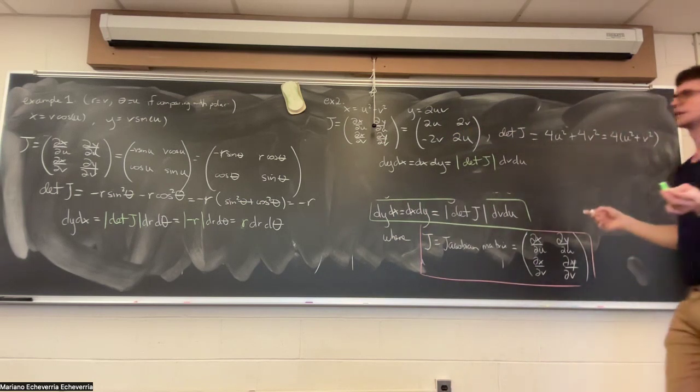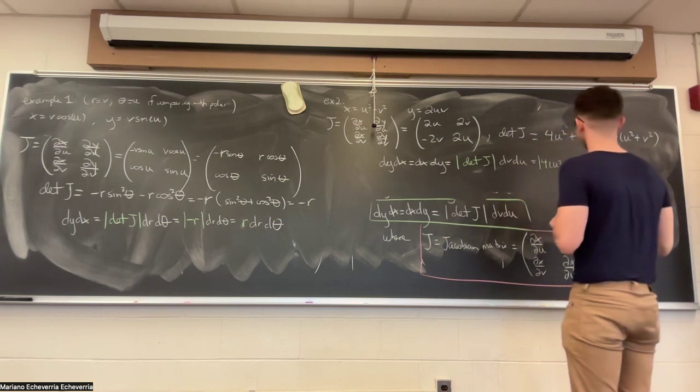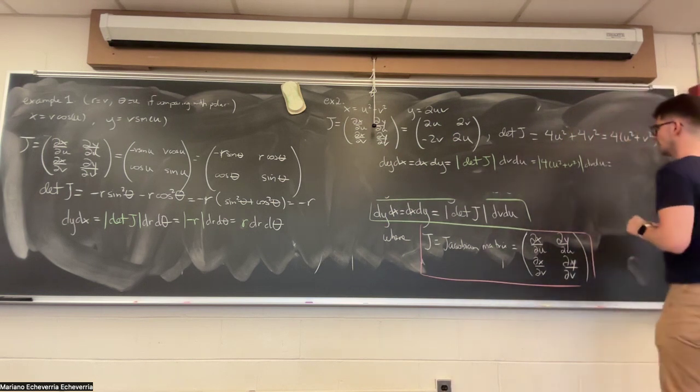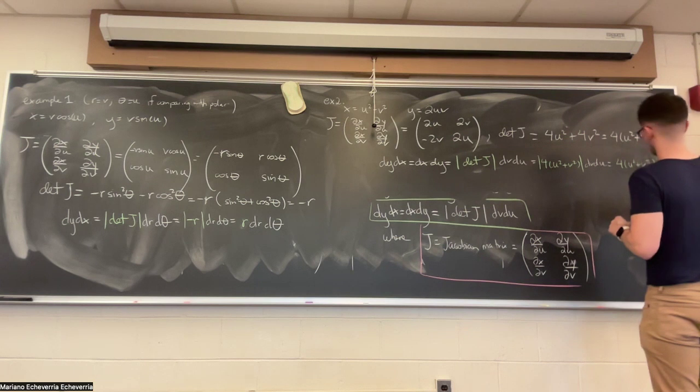So there's no need to put the absolute value; I'll put it first, but I'll remove it right away because there's nothing to worry about in this case. And so you get 4 times u squared plus v squared, times dv du.